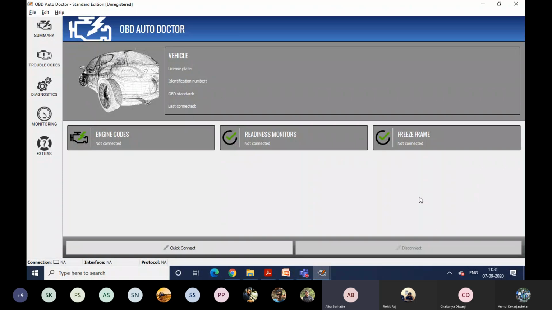Freeze frames give you information whenever diagnostic trouble codes are getting saved into the ECU memory. They capture the environment or other sensor readings related to your engine, that is, at what condition that particular trouble occurred.